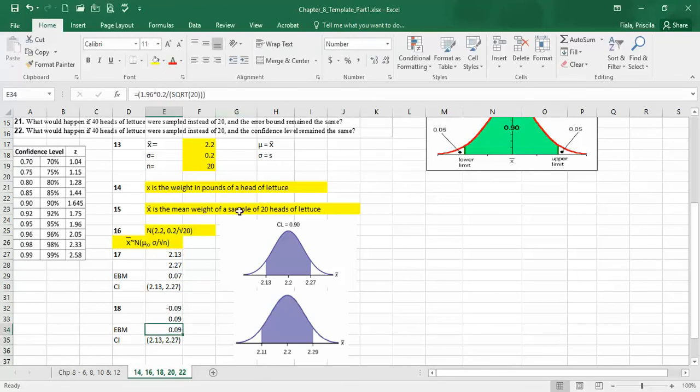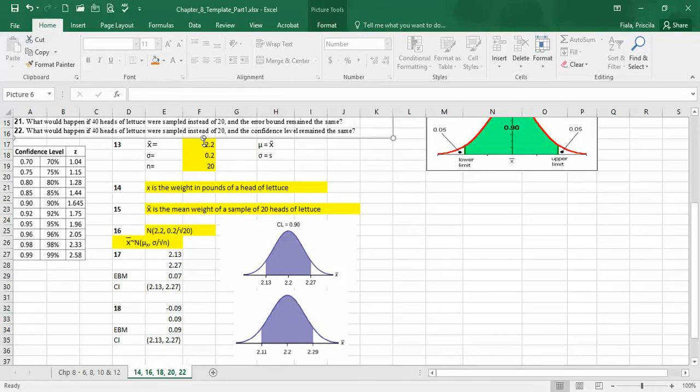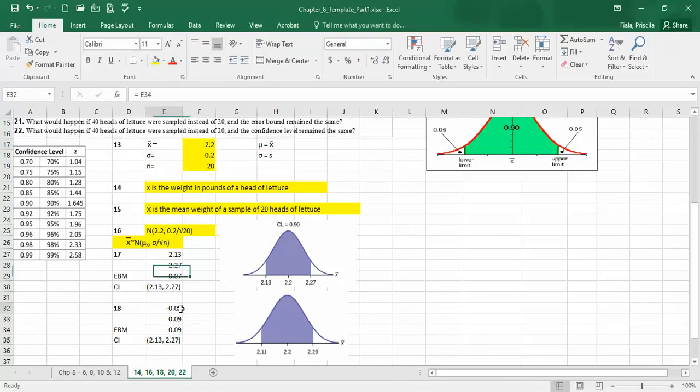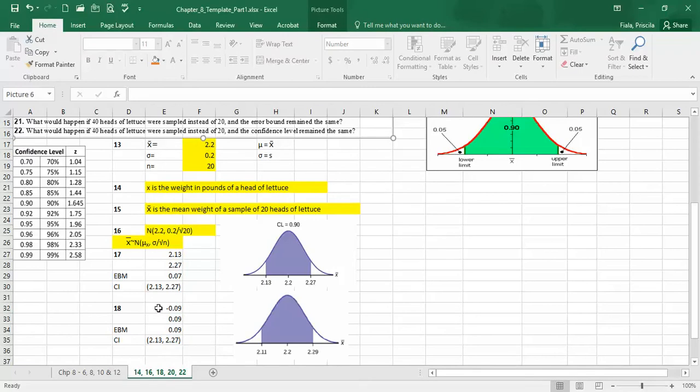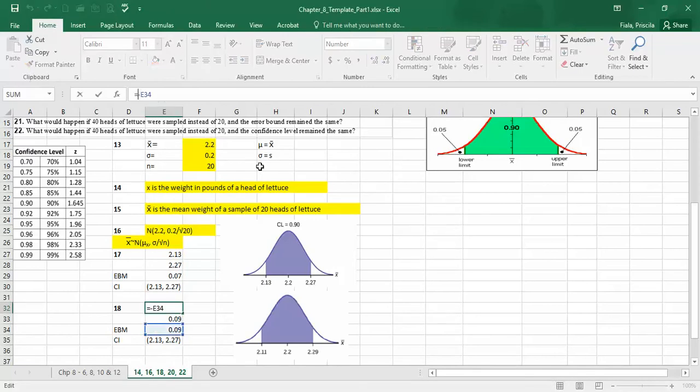So my error bound margin now is 9% instead of 7%. Right here, I have to correct, because if you remember over here, I refer to this, so I have to fix it. So it's going to be my average, let me try this again.